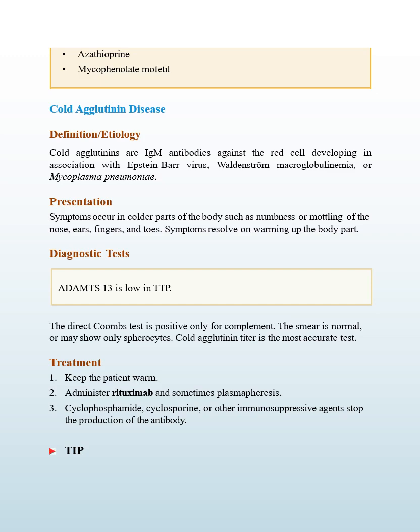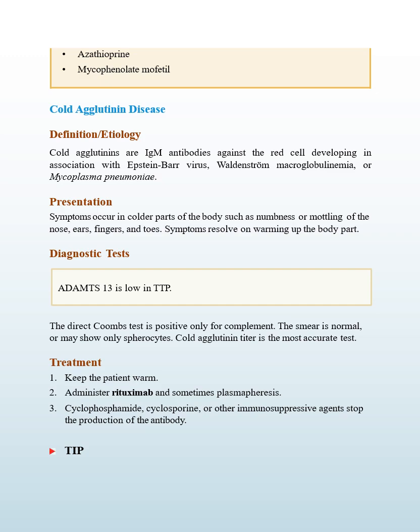Also on slide 25, we'll talk about cold agglutinin disease. By definition and etiology, cold agglutinins are IgM antibodies against the red cells, which develop in case of Epstein-Barr virus, Waldenstrom macroglobulinemia, or Mycoplasma pneumoniae.